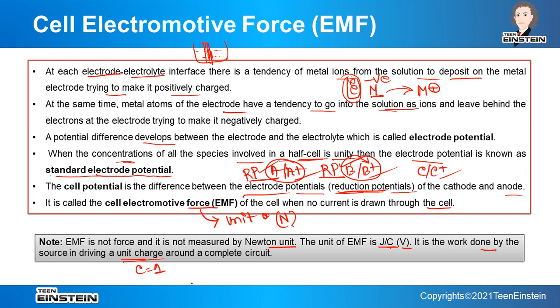So in driving a unit charge around a complete circuit, the work that has to be done by the source, that is actually the EMF. So when C is 1, then J will be the corresponding EMF, and it is actually volt. So joule per coulomb, it is volt.